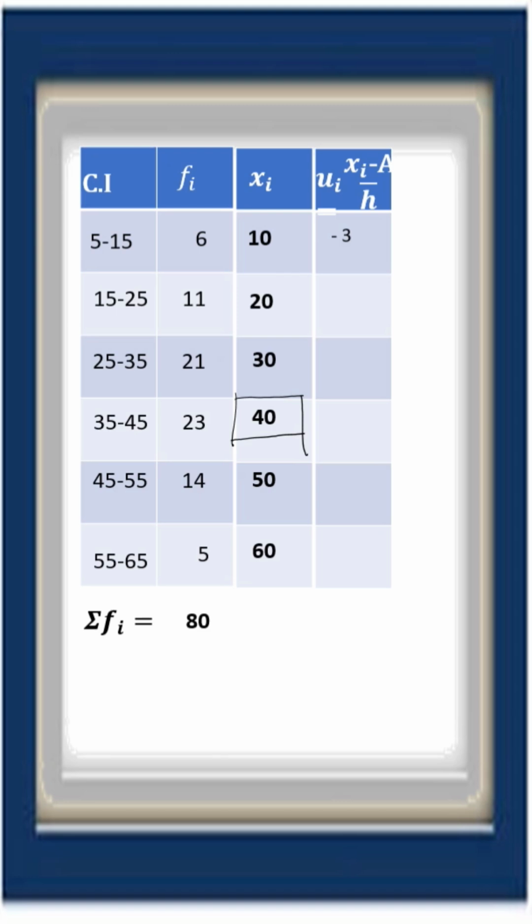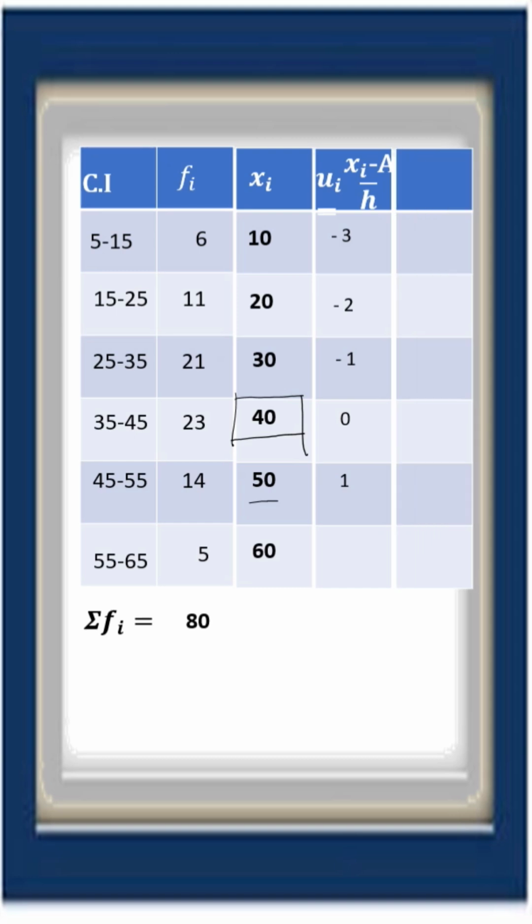Minus 20. Minus 20 by 10 is minus 2. 30 minus 40 is minus 10. Minus 10 by 10 is minus 1. 40 minus 40 is 0. 50 minus 40 is 10. 10 by 10 is 1. 60 minus 40 is 20. 20 by 10 is 2.